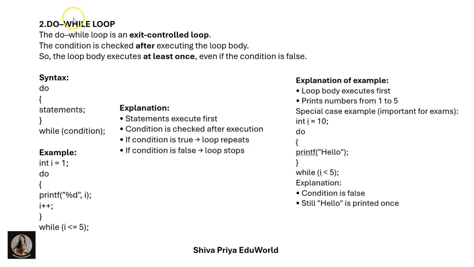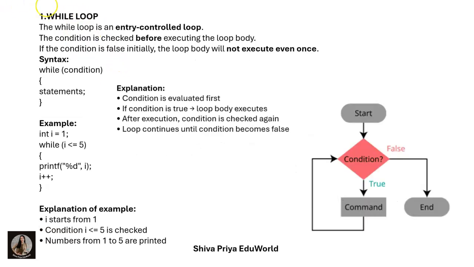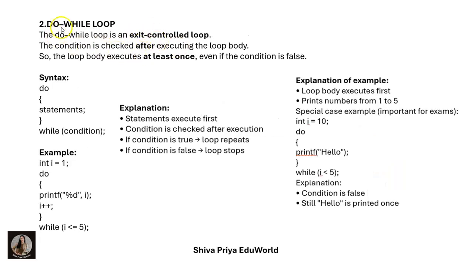But in while, the condition is checked before executing the loop body. Clear? This is the major difference between while loop and do while loop. You have to remember this. So the loop body executes at least once, because the condition is checked after the execution.